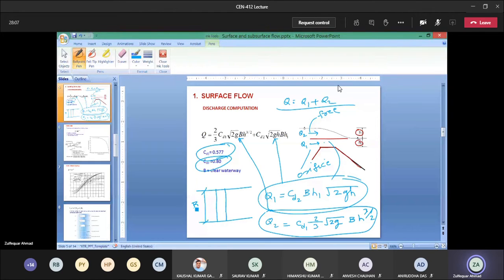Tell me if you have any question. So you can use this equation, and you can get the discharge for the different head, or for a given discharge, what would be the head.